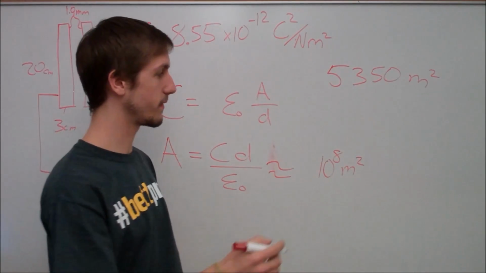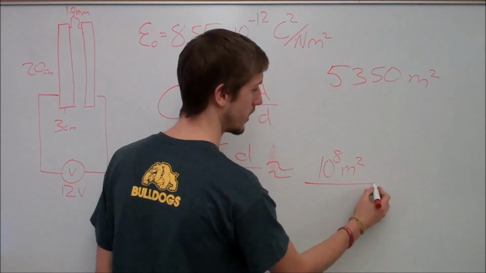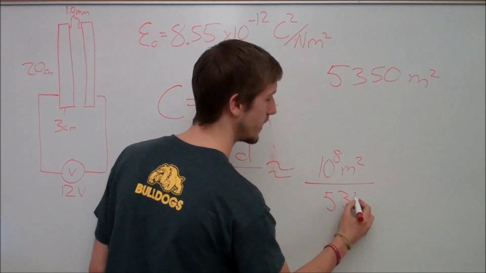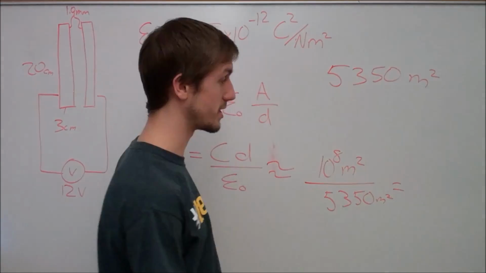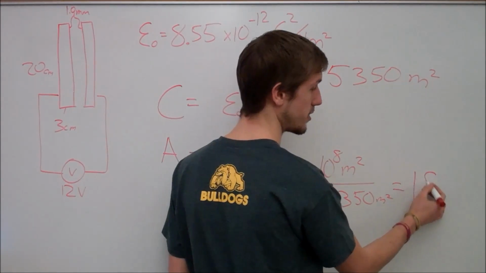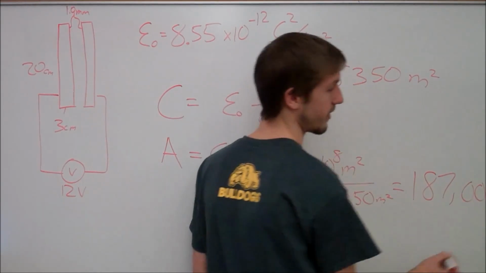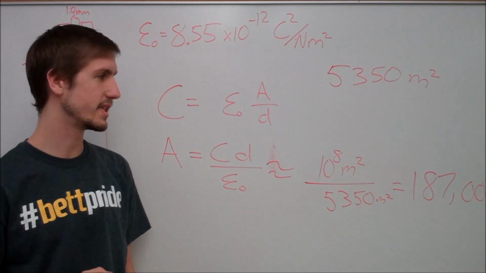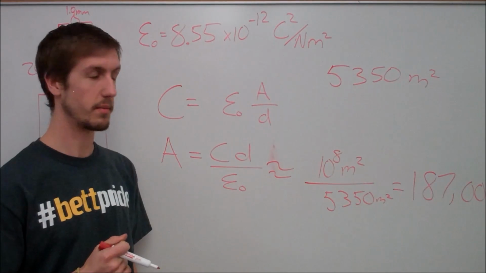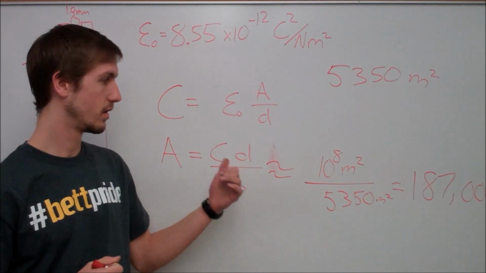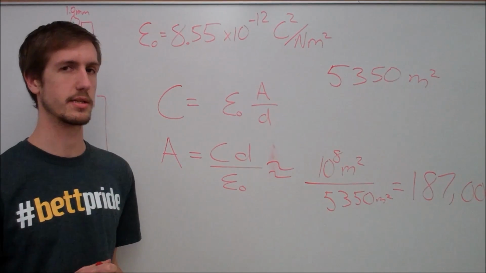All I'd have to do is divide these numbers, and I would get 10 to the 8th over 5350 meters squared, and that'll give me an answer of just under 187,000 football fields to give me a capacitance of 1 farad. So, a farad is a large value of capacitance.